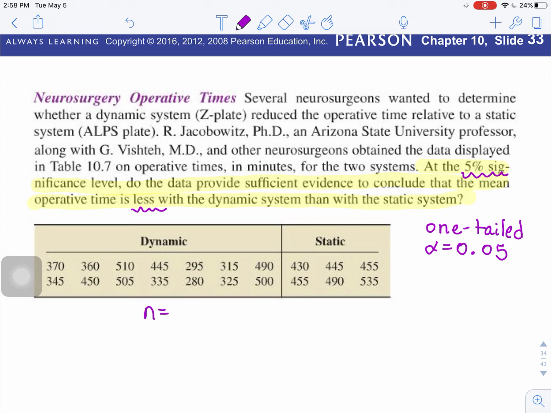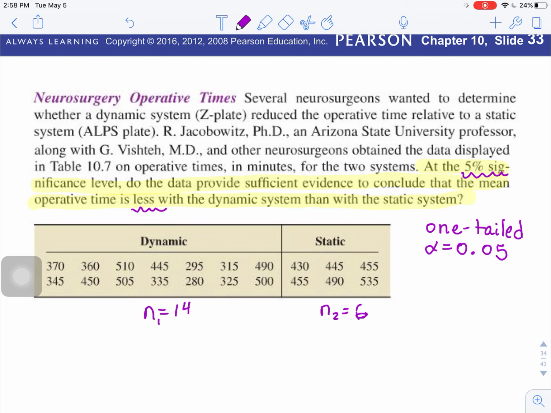I'm noticing that here we have 2, 4, 6, 8, 10, 12, 14 samples, and we have 6 samples over here. So these aren't large samples.